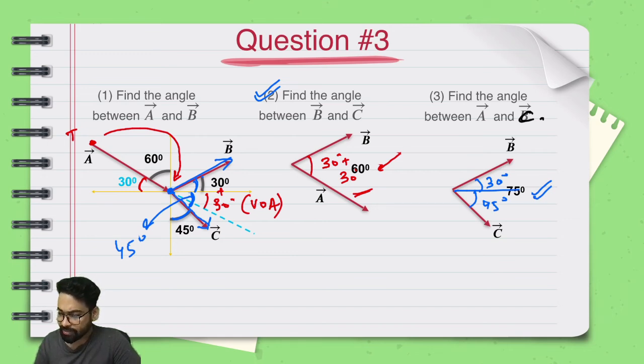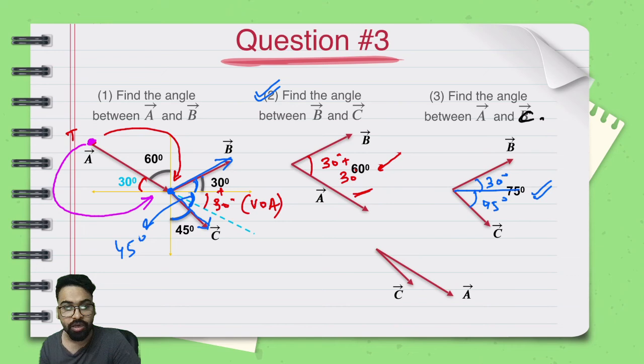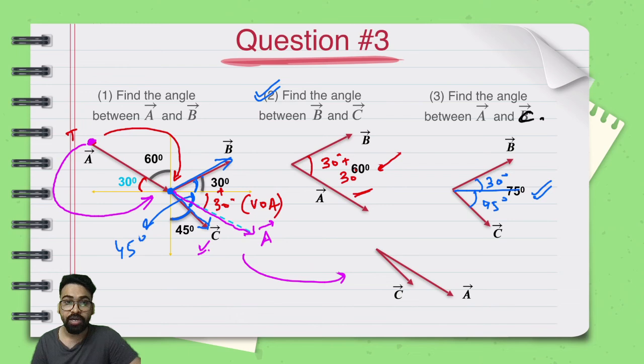If I say that A is going to be along this line, I have moved the A vector such that, let me say I'm doing it in purple, this tail point goes till here. The A vector is again moved in a similar way, and if it sits like this, the C vector is already here.